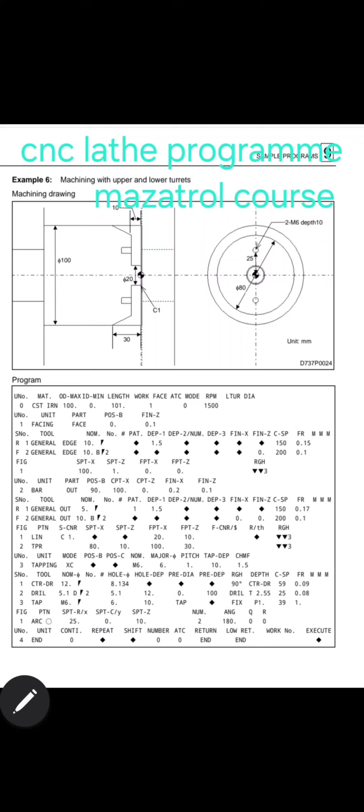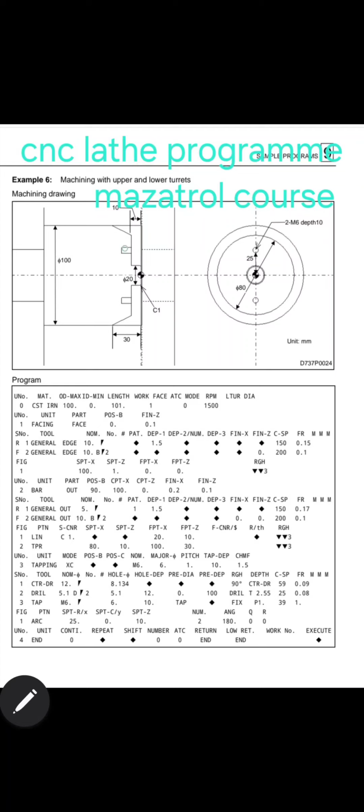So we start from arc 25, arc 25 from this one to this one, 25, and CY, C and Y is the 0 from this one, C and Y 0, and start point 10 from this one.